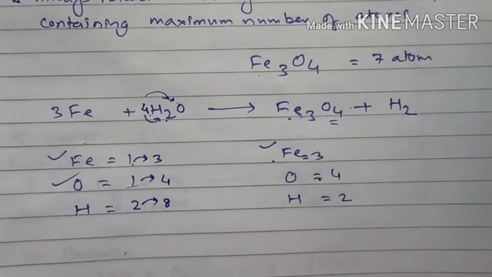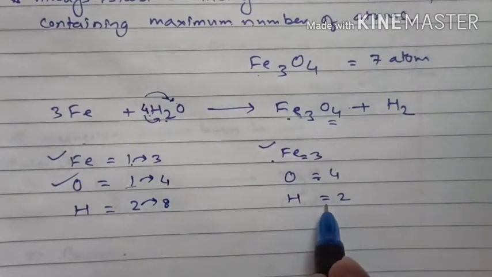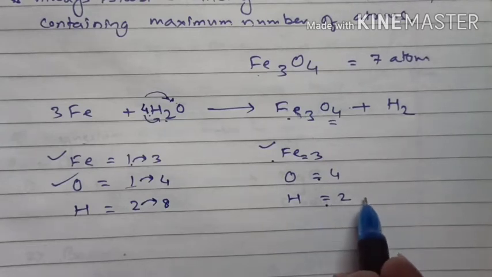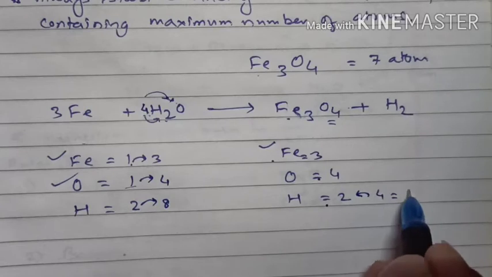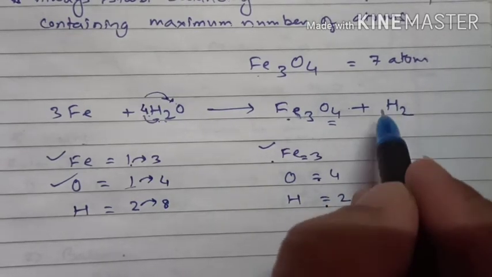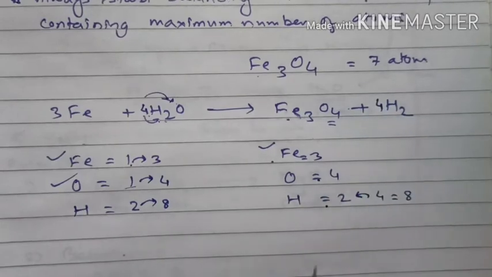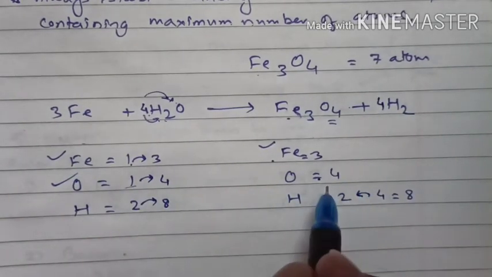Hydrogen is 2, so 2 multiplied by 4 we get 8. So we have to add 4 over here also. Now this equation is balanced.